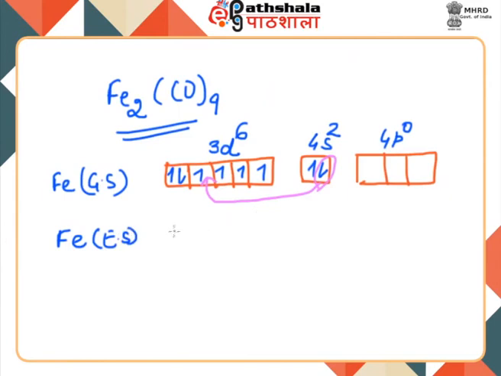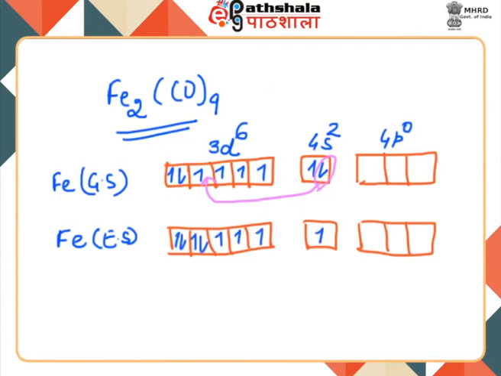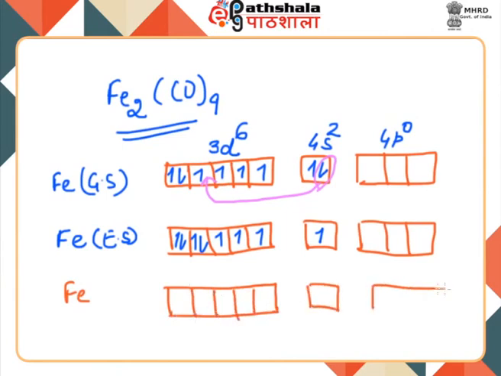Iron has this electronic configuration. Similarly, we can write the electronic configuration of the second iron, as there are 2 irons involved here. So here also it is the same.